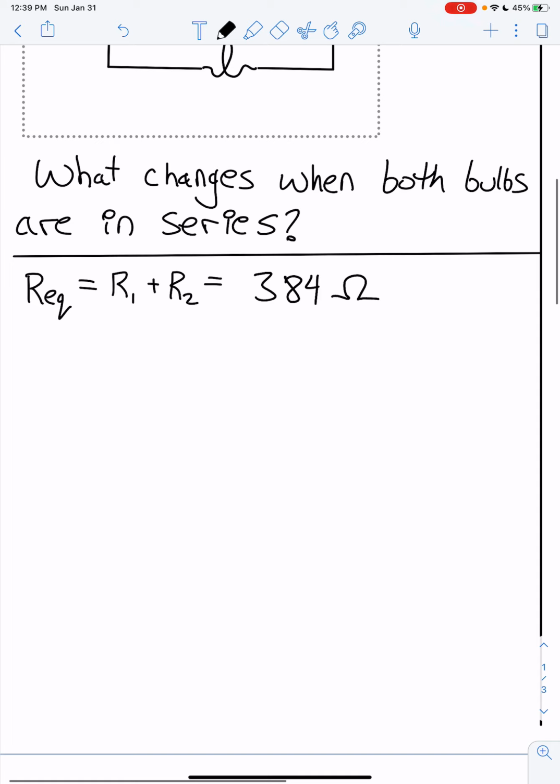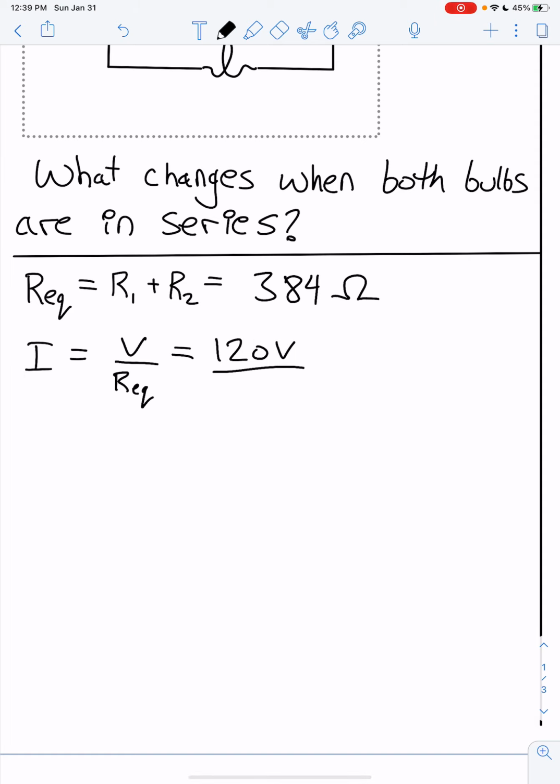Okay, so we've now got a current that we can calculate that's going through this circuit. That's V over Req, and that current is 120 volts over 384 ohms, and that's 0.31 amps, moment of truth here.